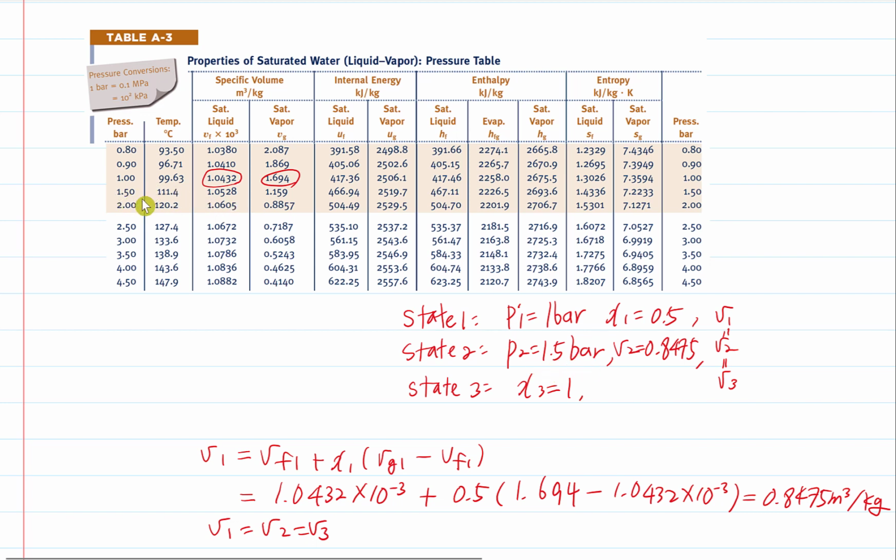At 1.5 bar, Vf is 1.0528 times 10 to the negative third, Vg is 1.159. So 0.8475 sits in between these two numbers. So we know that state 2 is also in the saturated mixture.